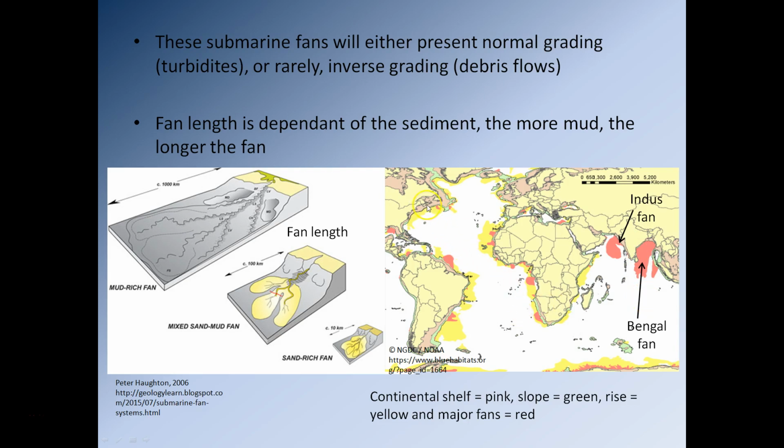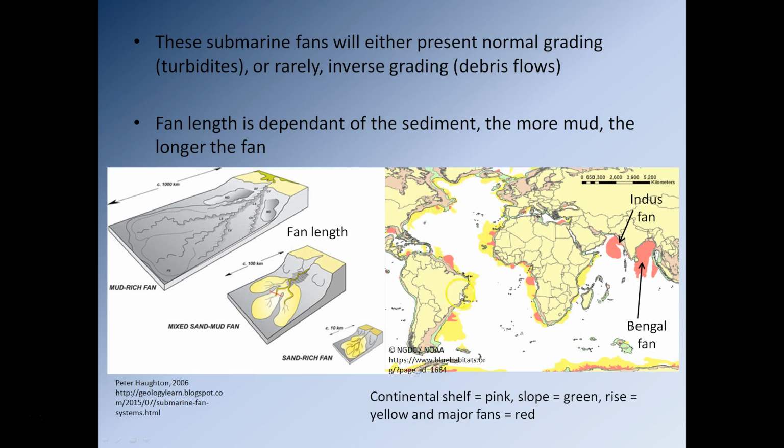You know, compare that to fans, for instance, like the fan associated with the St. Lawrence River coming off Canada. Well, the St. Lawrence River transports a lot of very sandy material produced by the erosion of granites in Canada. So that means you get lots and lots of sand, and so the fans that are produced are considerably smaller.